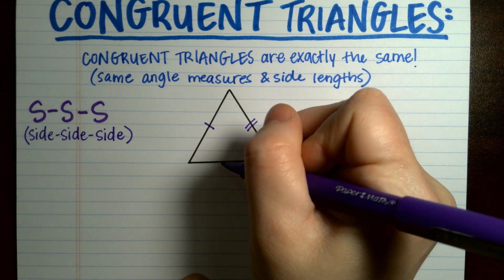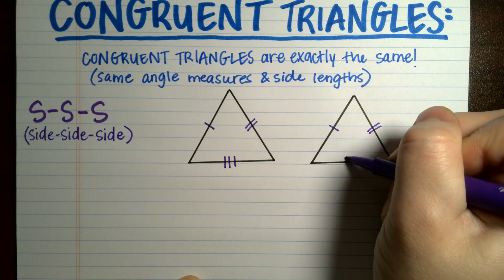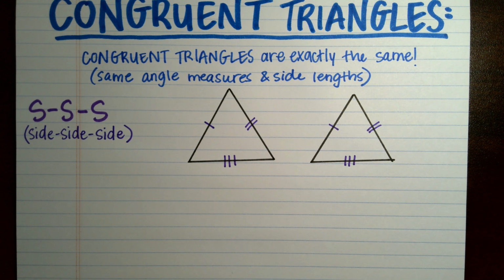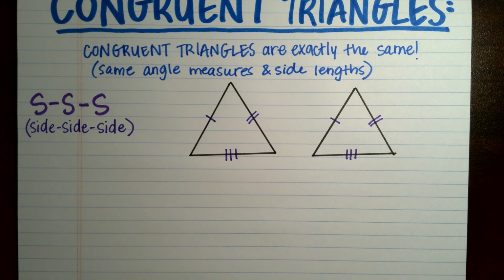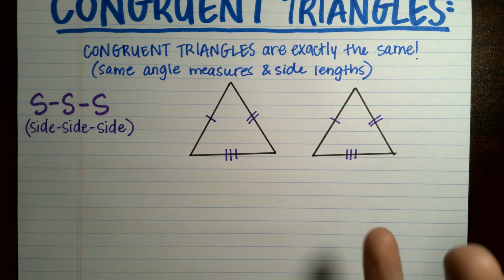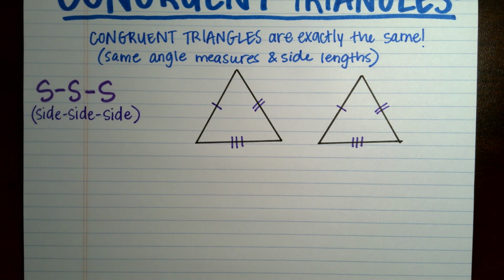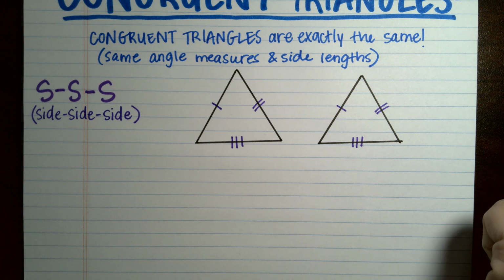Then I'll do 3 on the bottom. So if all 3 pairs of corresponding sides are congruent, then the triangles are congruent. That's what we can take away from this statement here.